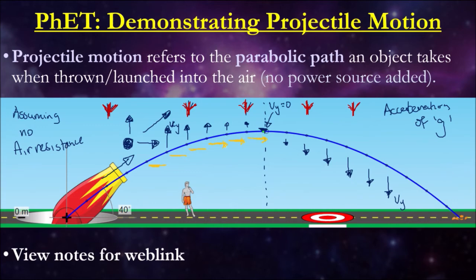If I make a drawing of all the different gaps, the distance of the gaps actually stays the same throughout the whole thing. What we can conclude from that is, assuming there is no air resistance, there is nothing causing any acceleration on a projectile when it's moving in the x component.